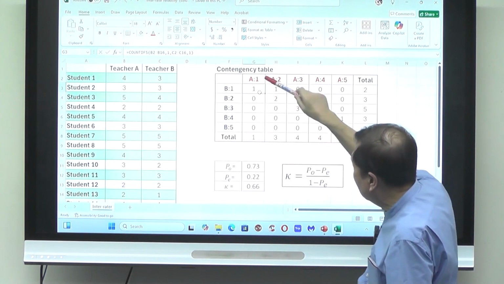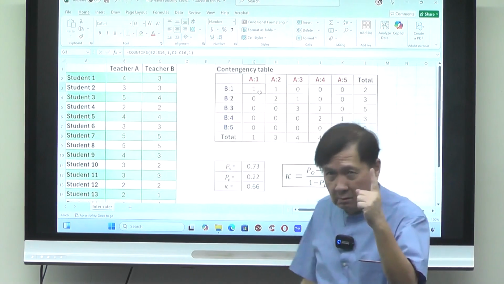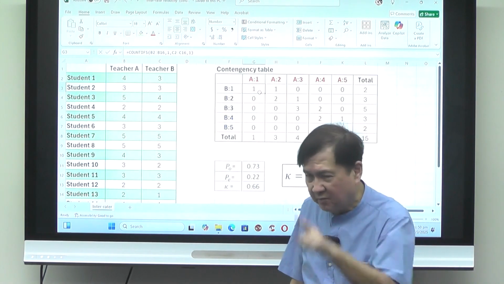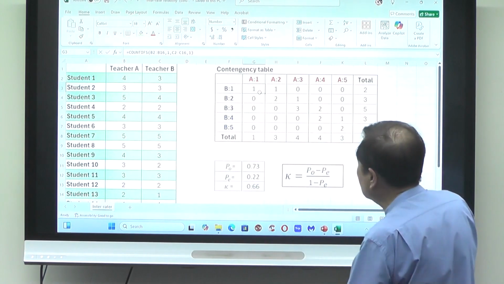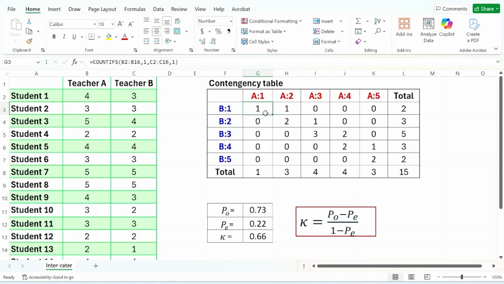She gives 1 point. The second one, C2 to C16, is teacher B. Follow me? Also gives 1 point. How many of them give 1 point? You do it this way.